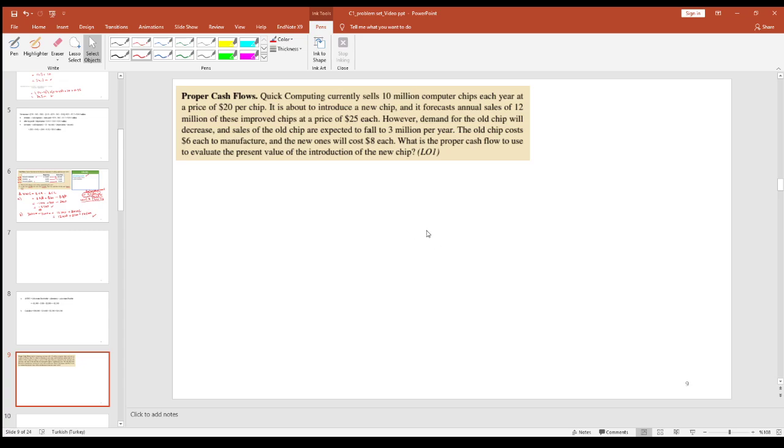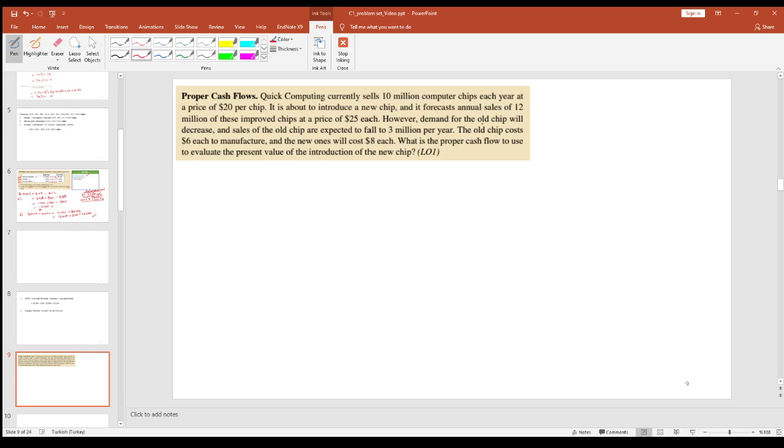So here we have another problem. Let's take a look. Quick Computing currently sells 10 million computer chips each year at a price of $20 per chip. It is about to introduce a new chip and forecasts annual sales of 12 million of these improved chips at a price of $25 each.